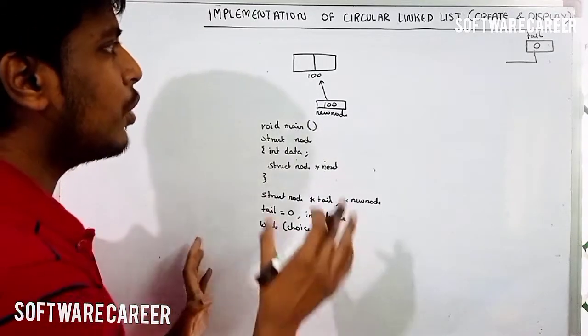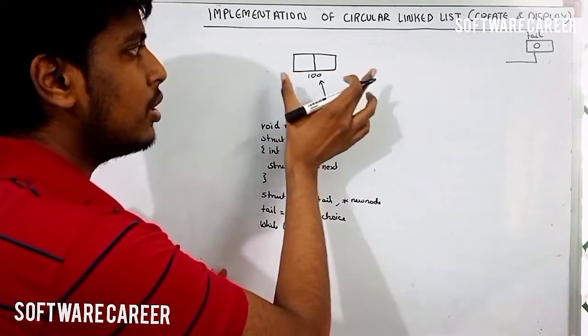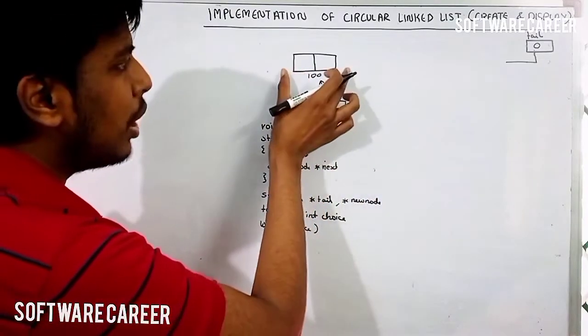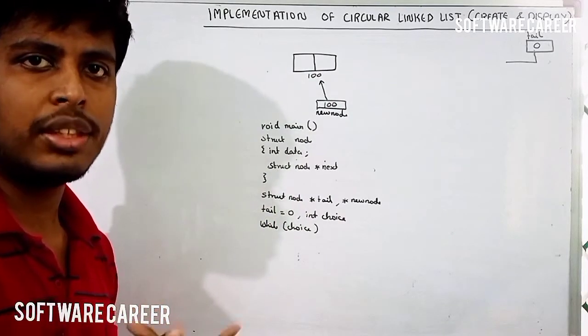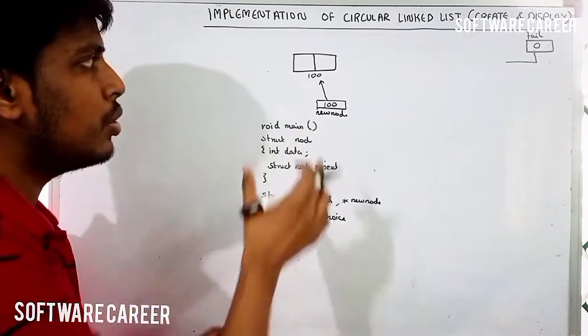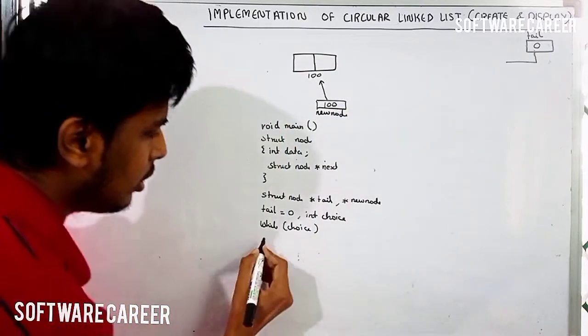Now, first, this linked list is empty. Now you have to create a new node. How can you create it? By using the dynamic method. How? By using the malloc function. So I am creating it.